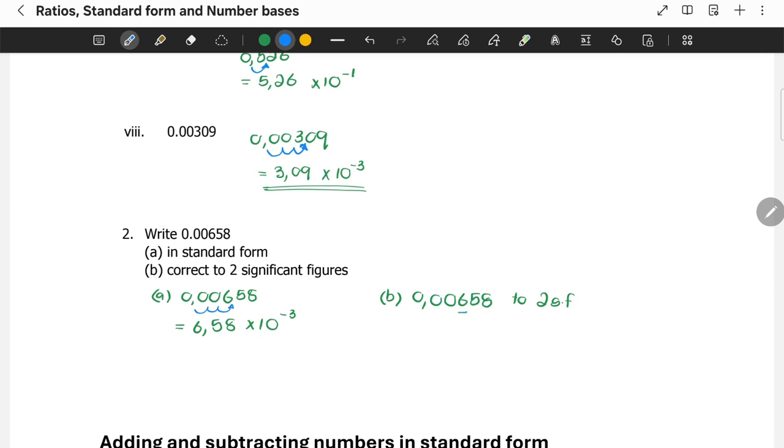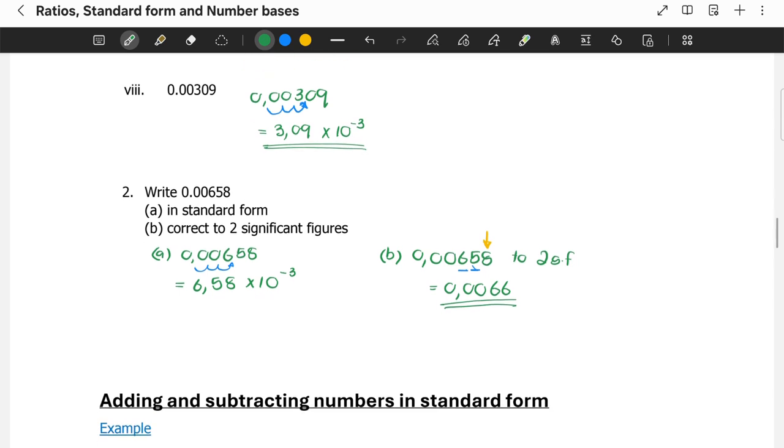So the first significant digit is going to be 6, and the next one is going to be 5. So now we have to ask ourselves, what happens to the number next to the second significant figure? Is it greater than 5 or less than 5? 8 is greater than 5, so we round up. So then what we end up with is 0.0066.